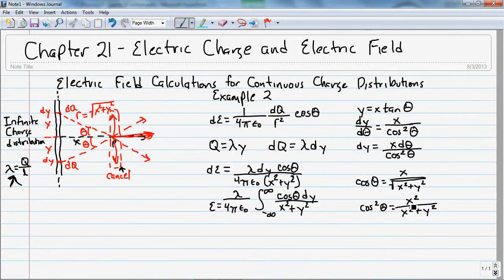And if I want to put x squared plus y squared together on one side, I'm going to have 1 over x squared plus y squared, that's just going to equal cosine squared theta over x squared.